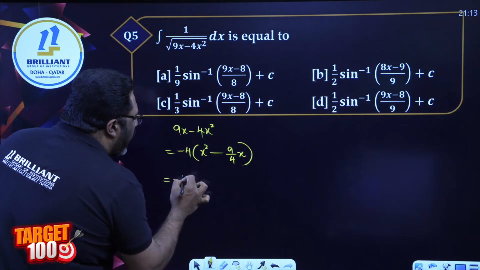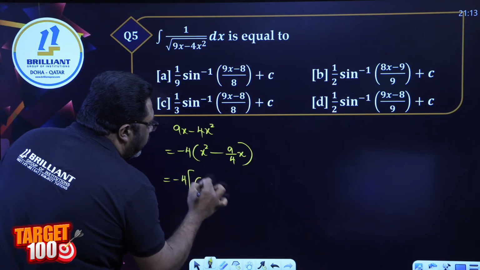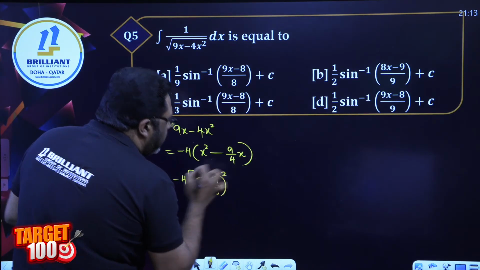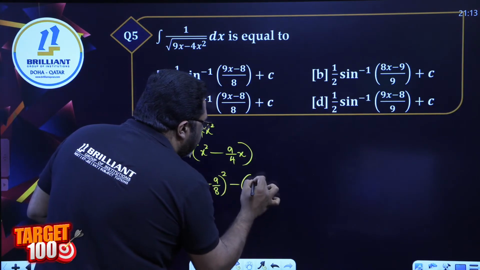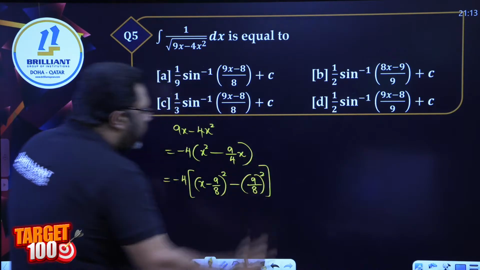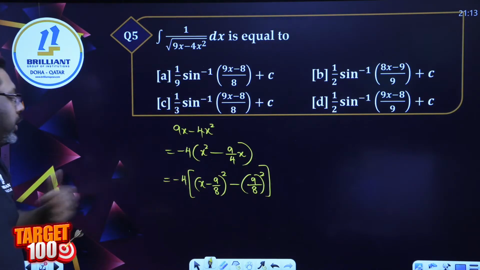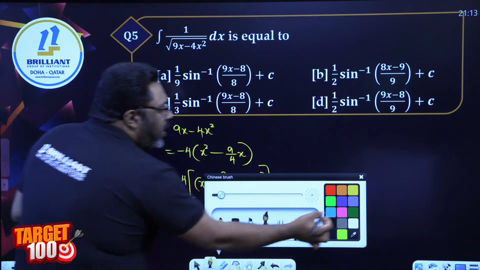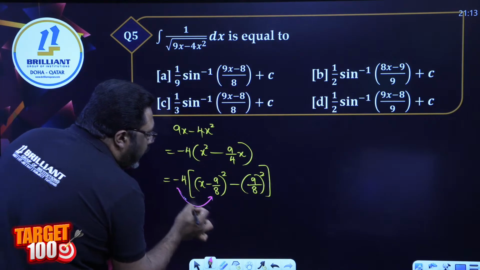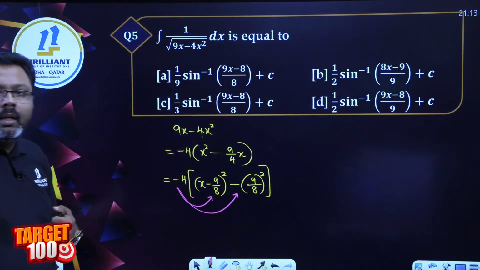So if I complete the square for that, it is going to be x minus 9 by 8 squared minus 9 by 8 squared. This is the completed square form for this. But whenever you have a negative outside the bracket, please make sure it is going back inside.